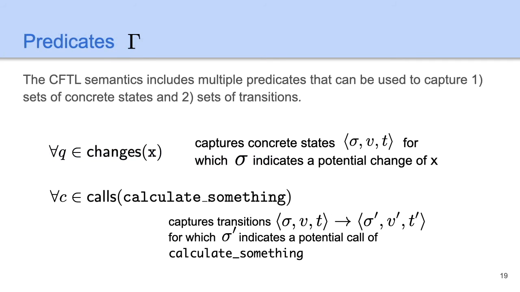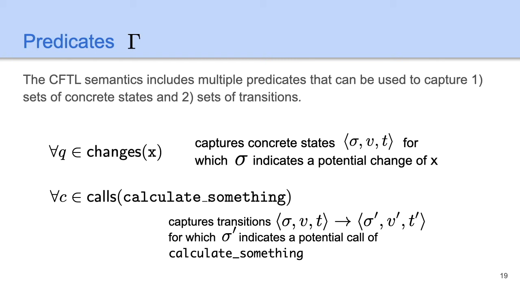Now, to go into more detail on the subject of predicates, the CFTL semantics includes multiple predicates that can be used to capture either sets of concrete states or sets of transitions. Here we see two examples. In the first one, we use the predicate changes and then a variable x. So x here is a program variable, and we want to capture every single concrete state in which x has been changed.